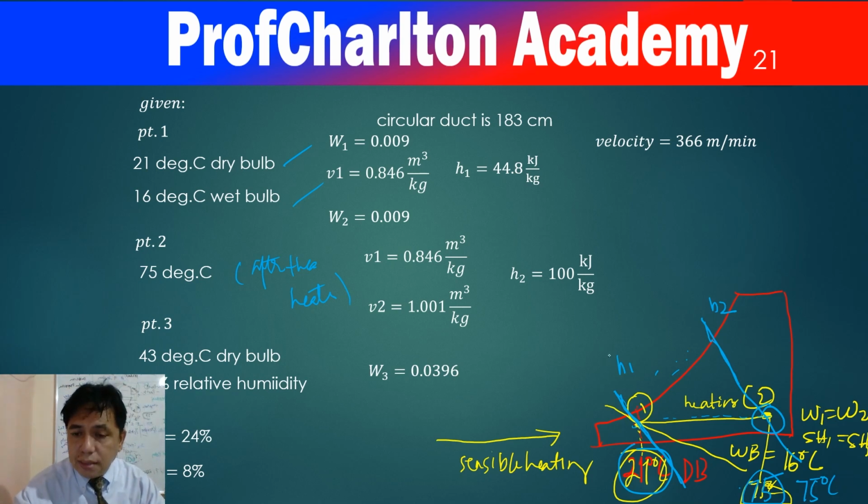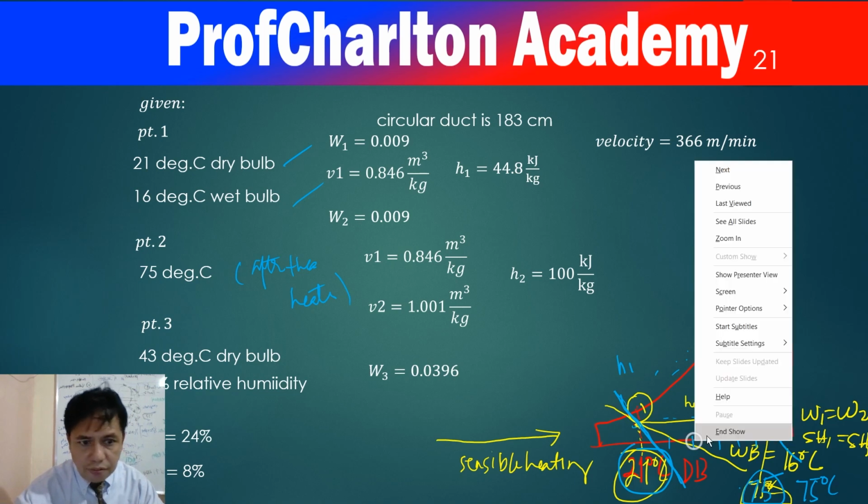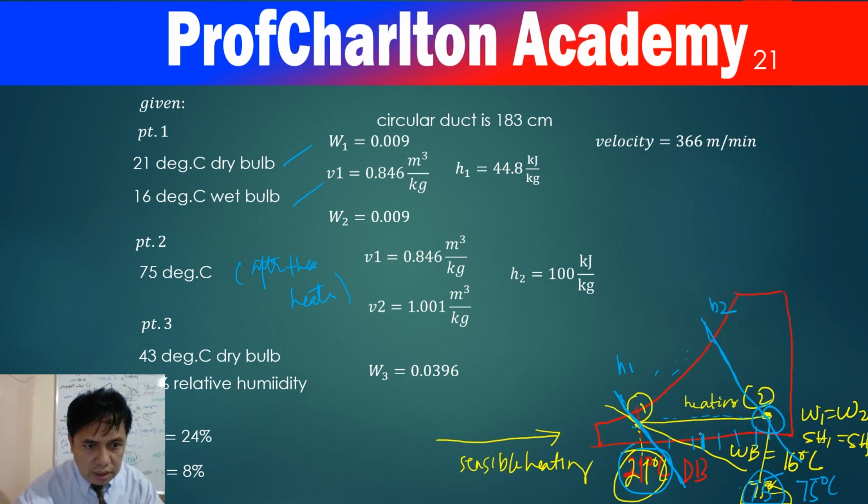Then at the end of the dryer, the discharge of the dryer is 43. How do we do this? 20, 30, 40, 50, 60, 70, 75. 20, 30, 40, 43, somewhere here. So let us say here, 43. Let us project.